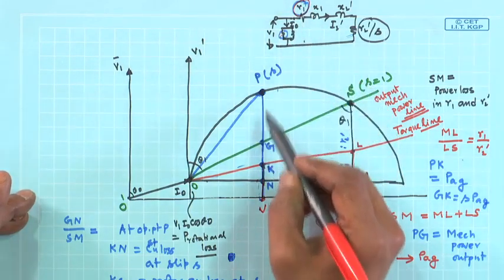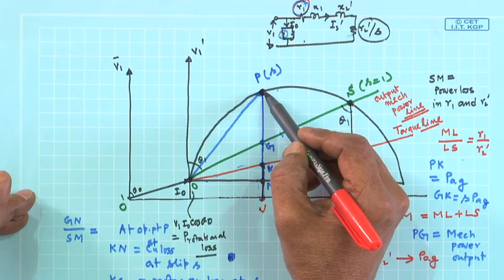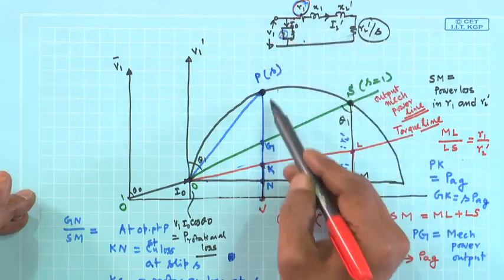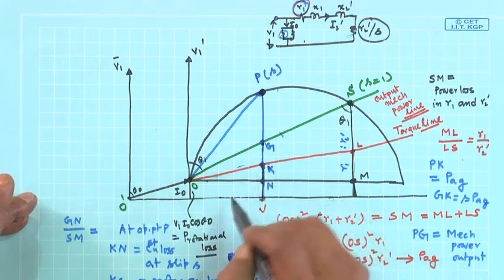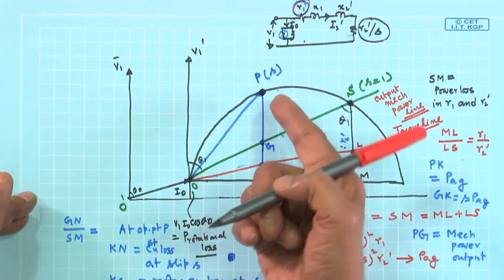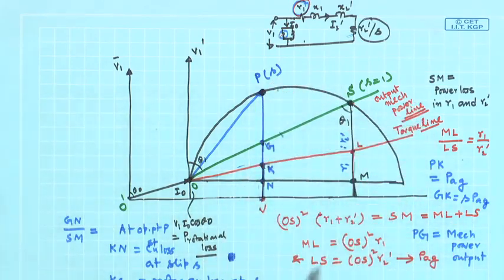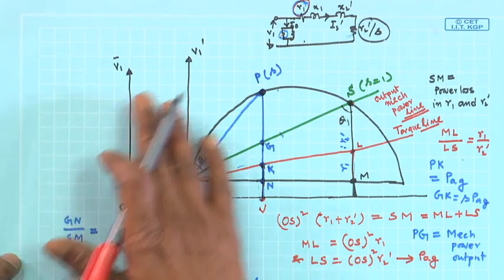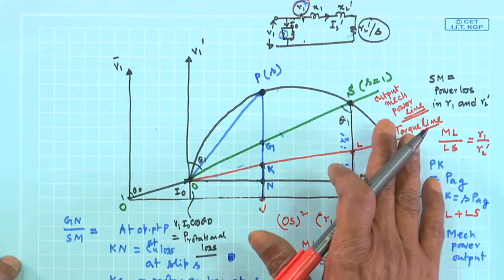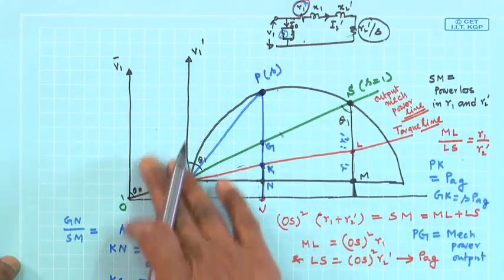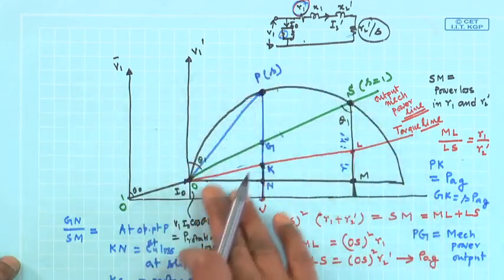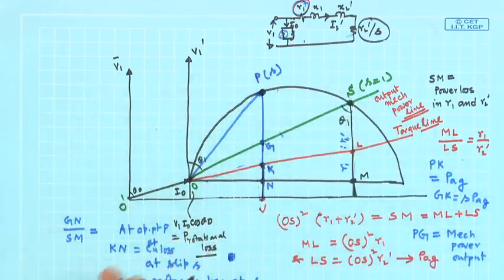The remaining power, that is K to P, must be the air gap power, of which Gk will be the rotor copper loss, that will be S times Kp. That is what all I have to say. Therefore, see the equivalent circuit in this form can be translated into a nice circle diagram of a slip ring induction motor.